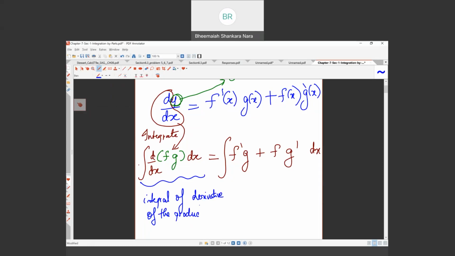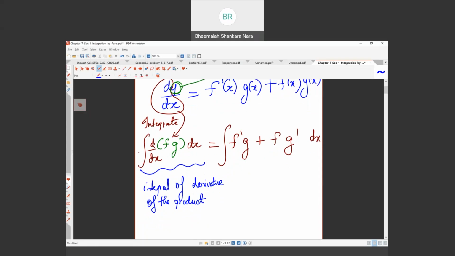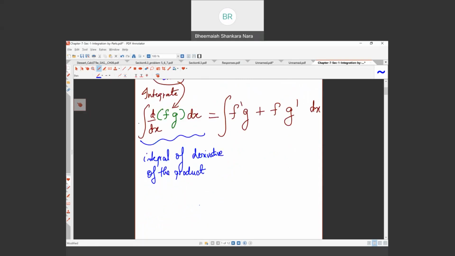So we have a formula for the integral of the derivative of the product. But we know when we integrate a derivative term, suppose I'm integrating a prime. A prime is a derivative term. I'm integrating a derivative. The answer for this integration is just the function itself, a.